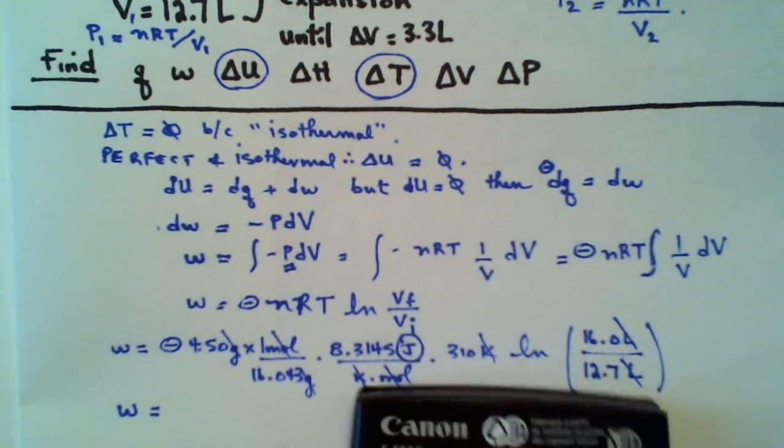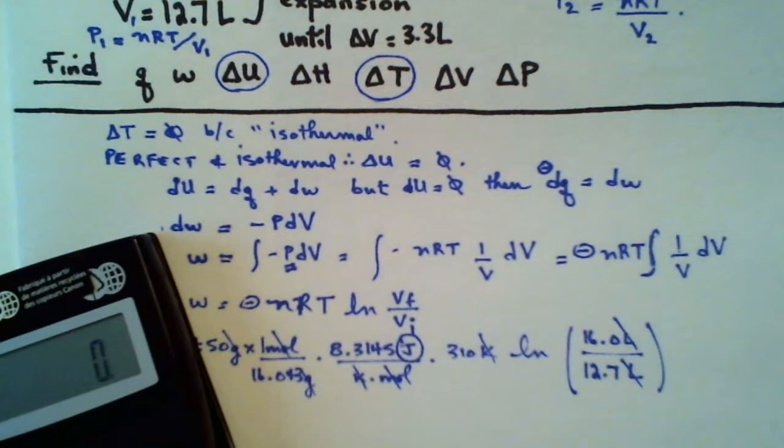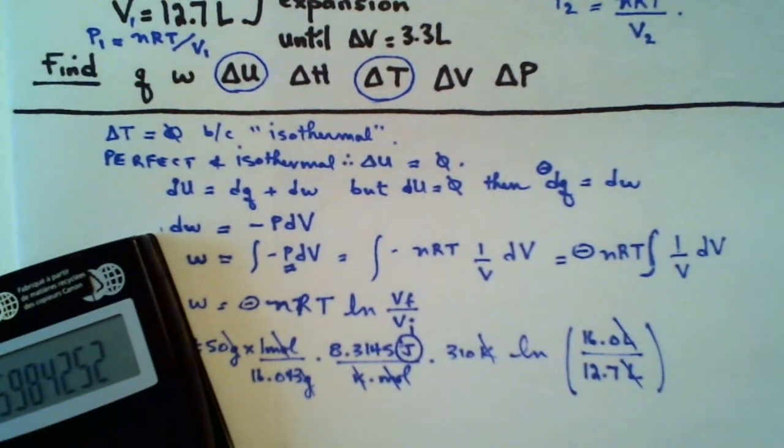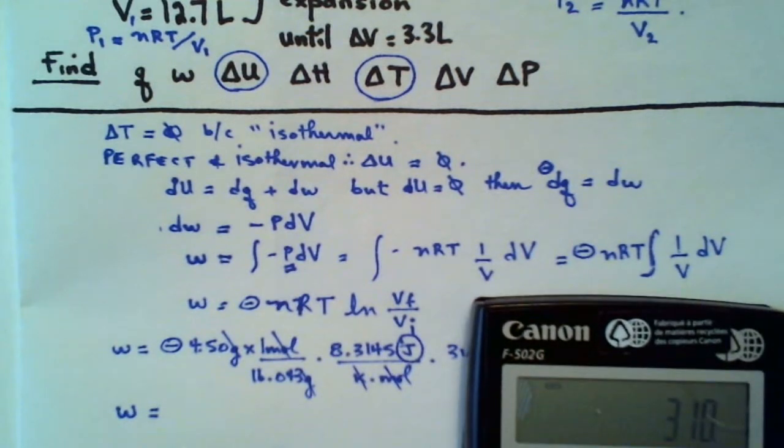So, calculator time. 16 over 12.7 is this ratio, about 1.25, and we'll take the natural logarithm of that, multiply it by 310, then again by 8.3145, and again by 4.5, and divided by 16.043.